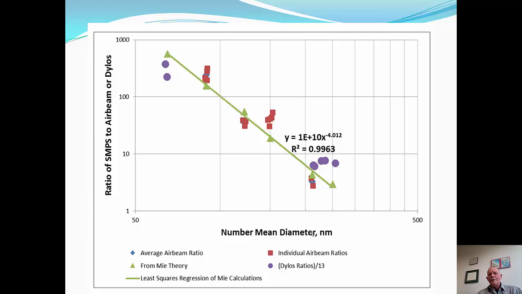If you plot the ratio of the actual number of particles to the particles that the device tells you is there, you can see that way down here, you're measuring like 250 to 300 times as many particles as the device is telling you. So it becomes relatively very inefficient as the particle size begins to decrease.